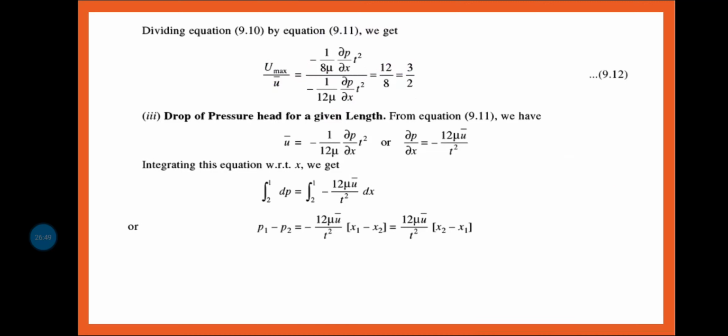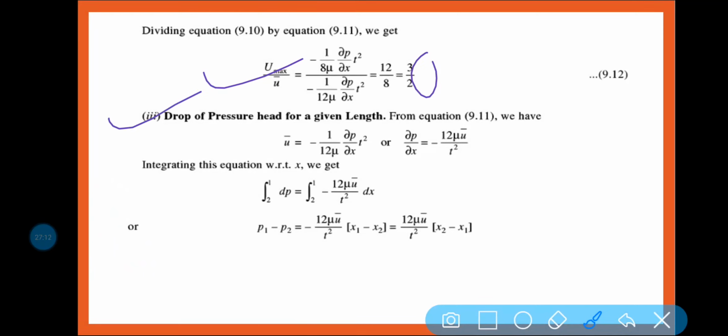Remember, this is one type of numerical short question, an MCQ type question. It is very important and can be asked in the MCQ also. So the ratio of u maximum to average velocity is 3 by 2.